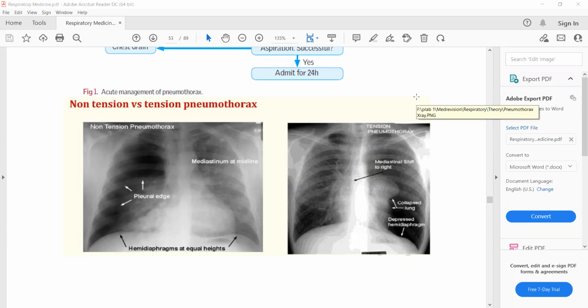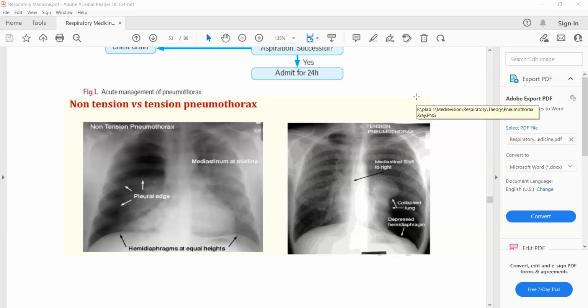So in the tension pneumothorax, if the hemidiaphragm is depressed, what is the reason? It's because it's giving a compression on the area. Because there's excessive air entering the pleural cavity, which is leading to hyperinflation of the pleural cavity.